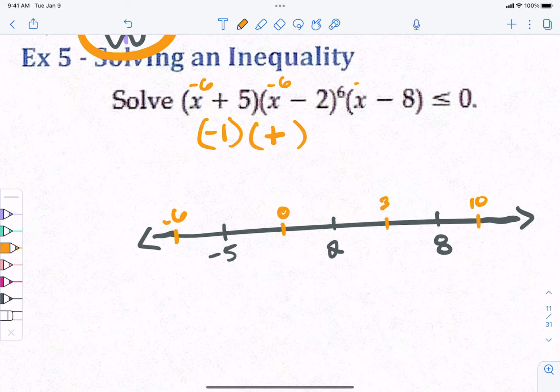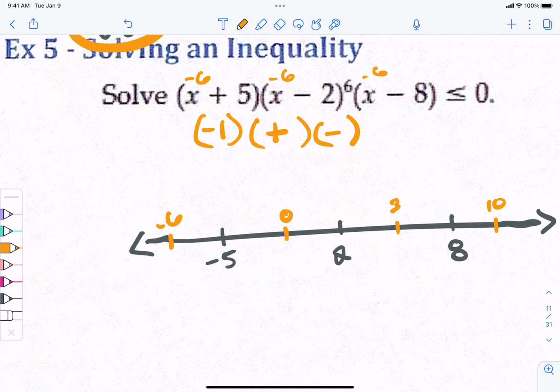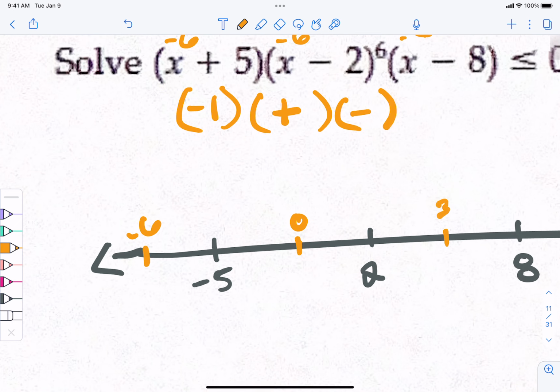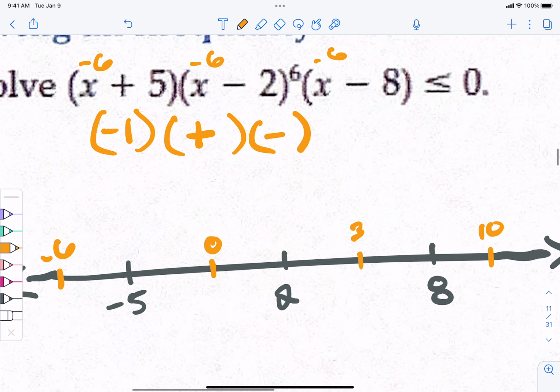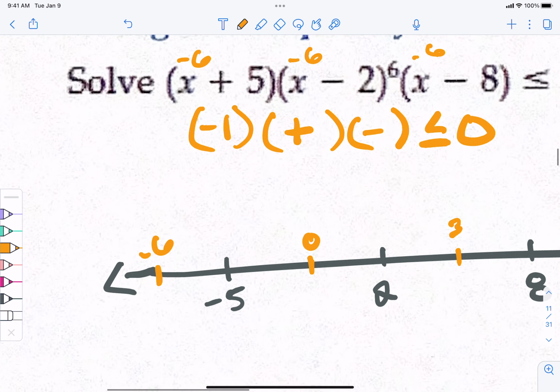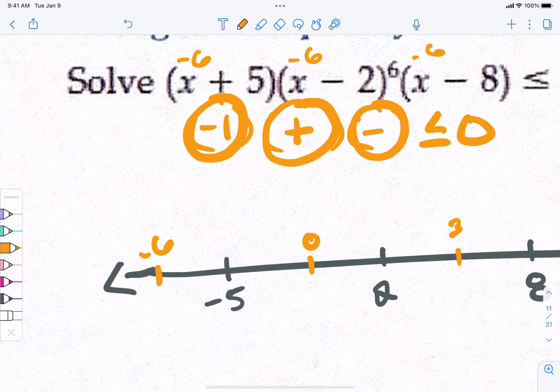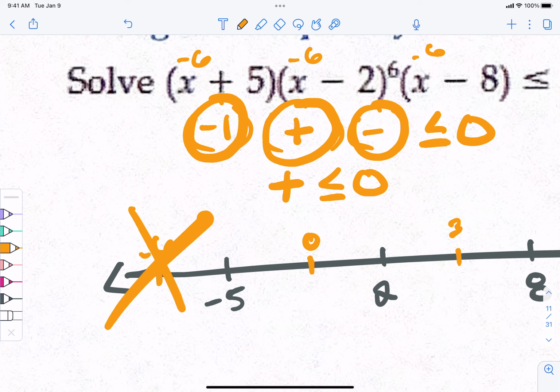And negative 6 minus 8 is negative 14. I'm not even looking at the value of these things, because we're comparing to 0. If I take a negative number times a positive number times a negative number, it's going to be a positive number. Is a positive number less than or equal to 0? No, it's greater than 0, so it doesn't work. So we're going to cross him off.